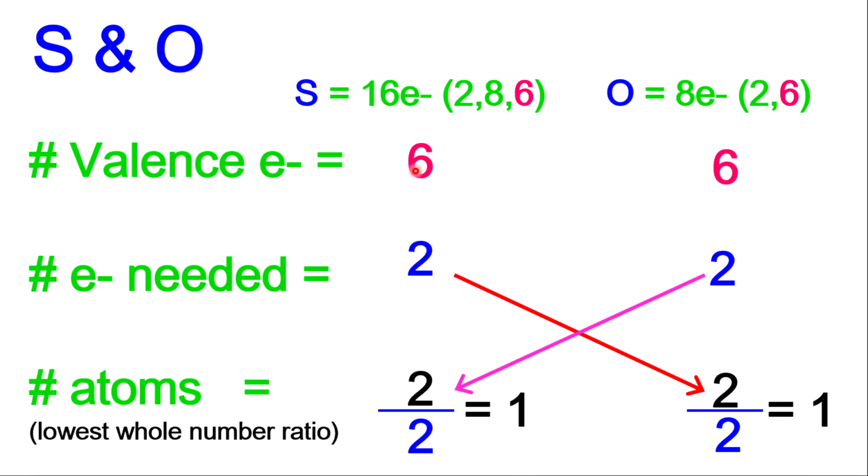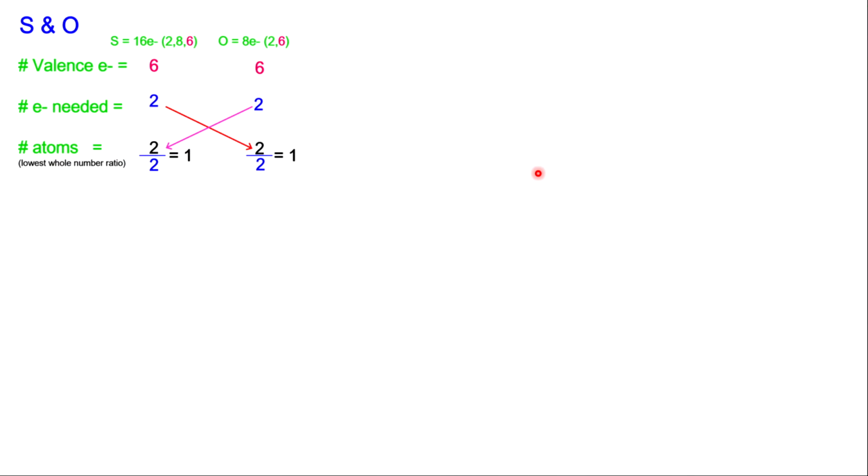As I mentioned, you can look out for this. Once the number of valence electrons are the same, you know you're going to need only 1 of each atom. All right, so that's the next rule you can look at. All right, so let's go into our drawing segment. Again, this is to remind you what we're working with: sulfur 1 and oxygen 1.